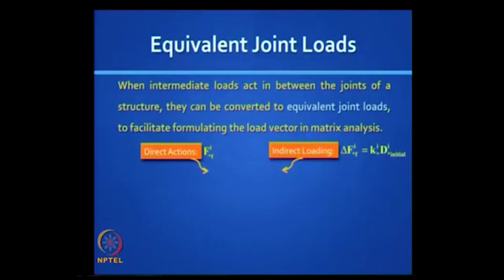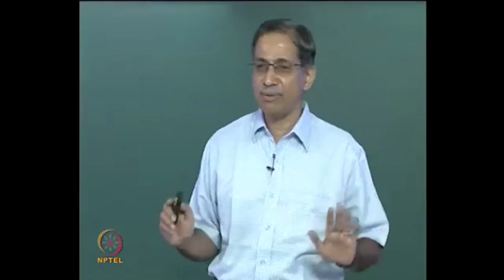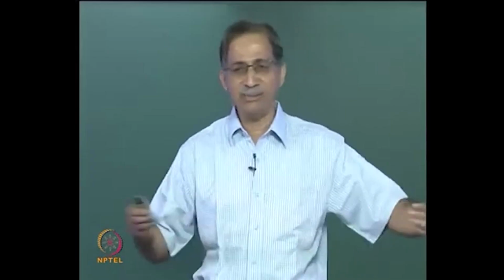It's very interesting. So do you agree I can write down a set of initial displacements, either contraction or elongation in a truss, and if I just multiply it with the element stiffness of that, I get the fixed end forces. We will see this in detail later. Okay, so you have got the local fixed end force vectors for all the elements, either caused by direct actions, that is intermediate loads, or by indirect loading.